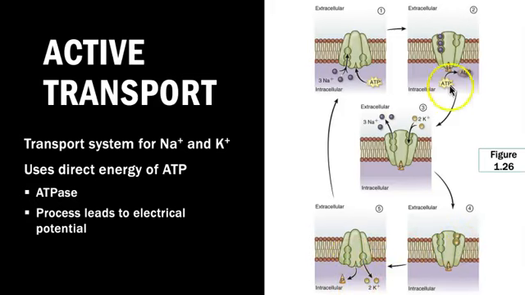And we use ATP to fuel this process. The reason we have this pump in our body is to generate an electrical potential, making the inside of the cell more negative. So we are going to use 60 to 70% of our cellular ATP, especially within our nerve cells and muscle cells, to do this.